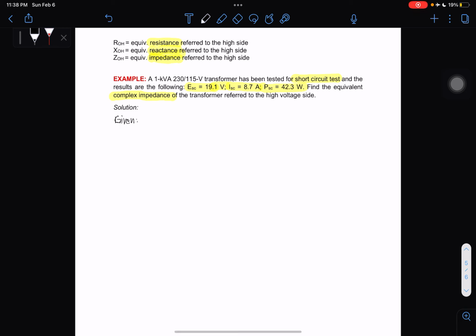ESC is equal to 19.1 volts, ISC is 8.7 amperes, and PSC is 42.3 watts. Now that we have written the given, we can solve for ROH, the equivalent resistance on the high side. Using the formula above, PSC divided by ISC squared.